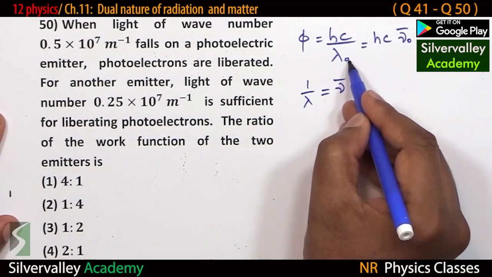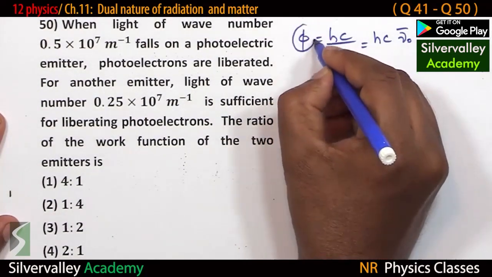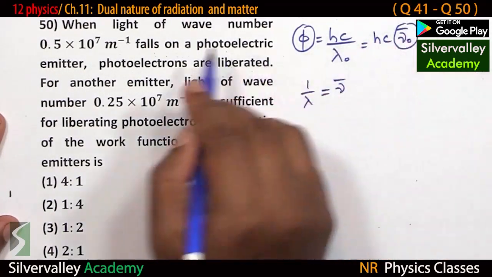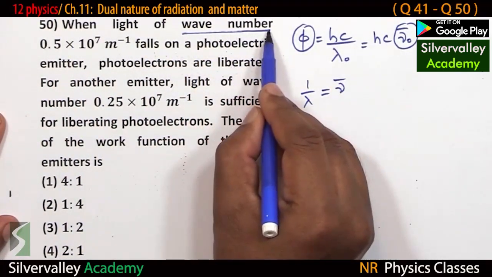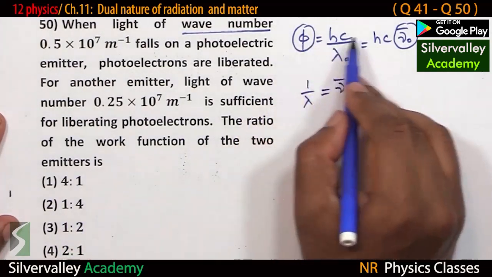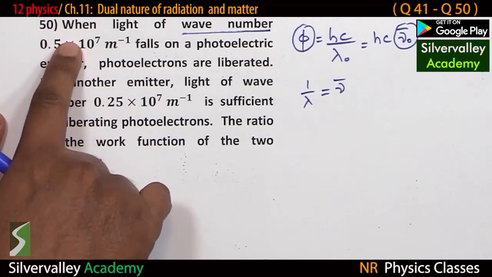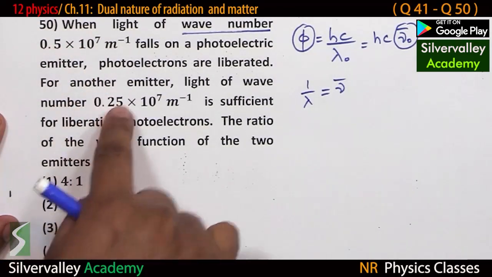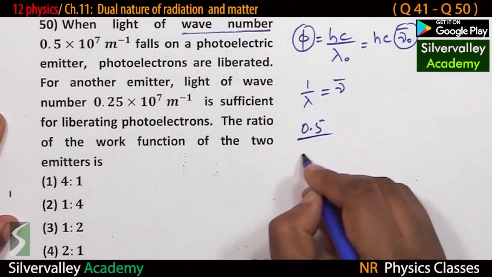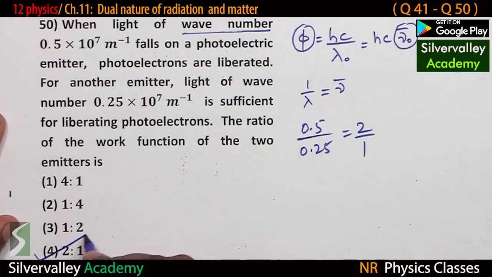These two are directly proportional because the problem is given in terms of wave number. Since they are directly proportional, the number that appears first in the statement goes first. This by this is 0.5 by 0.25, which is equal to 2:1.